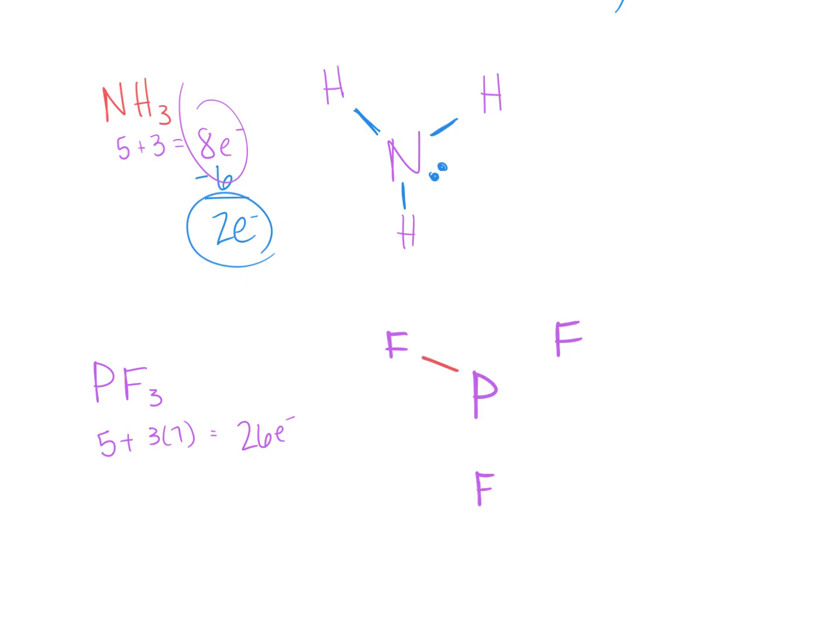So we're going to go 2, 4, and 6. Out of our 26 electrons, we've used 6. We have 20 electrons left to put on. And right now, none of our elements are happy, because fluorine needs a complete octet and phosphorus needs a complete octet. So here's the process now.